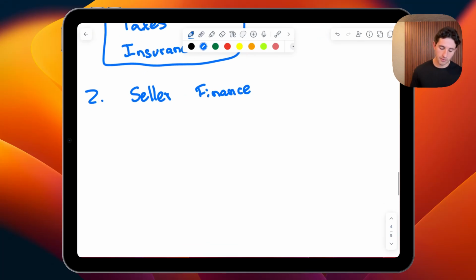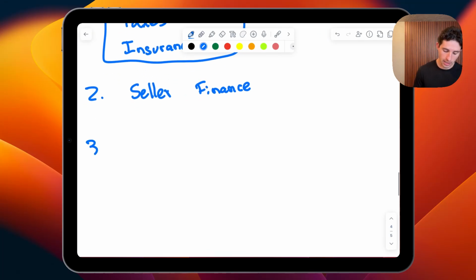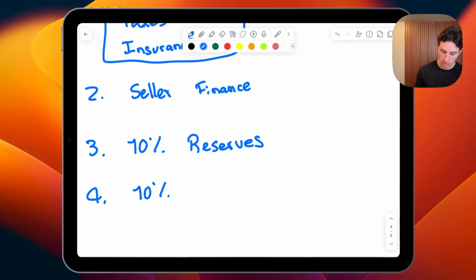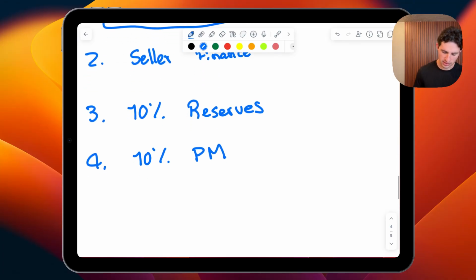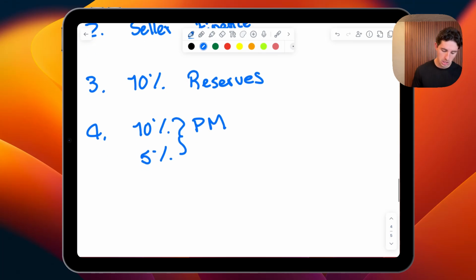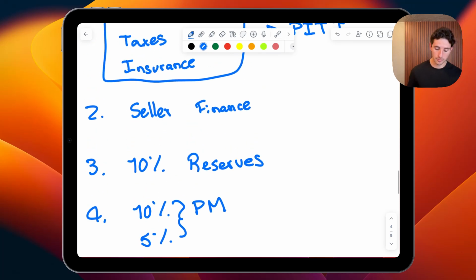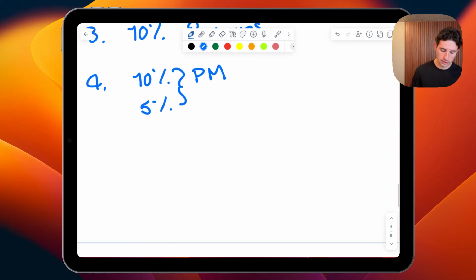I also like to add 10% for reserves, and another 10% for property management. I have seen people do sometimes 5%. And that's it. If you add all of this, that is what I call expenses.